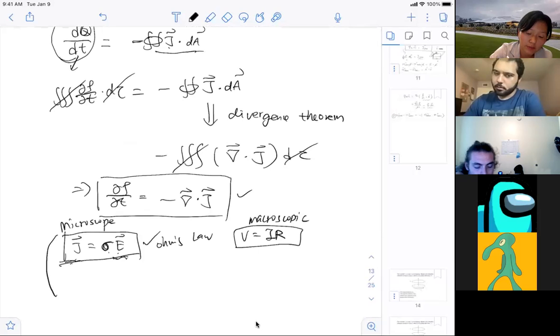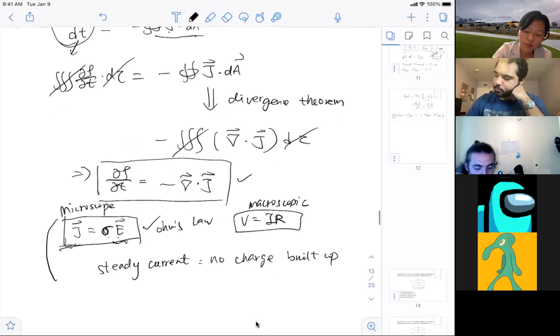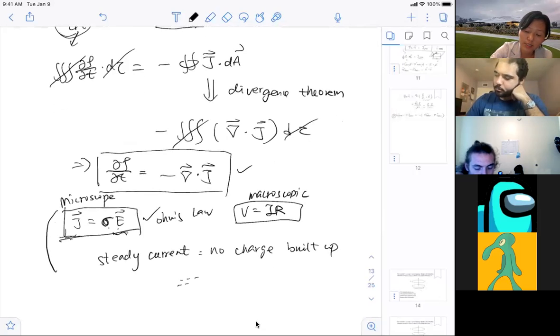For example, for a steady current, the charge will not be built up. Meaning that a steady current is like a steady flow, like people passing through a hallway and entering different rooms. People are not lingering around in the hallway. Whatever comes in continues to exit out of the hallway. So you have a steady flow.